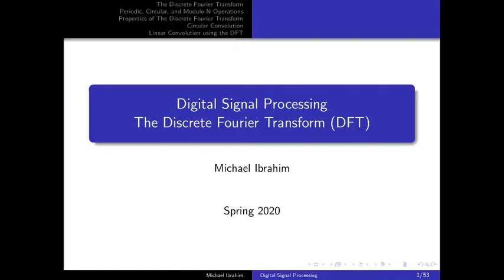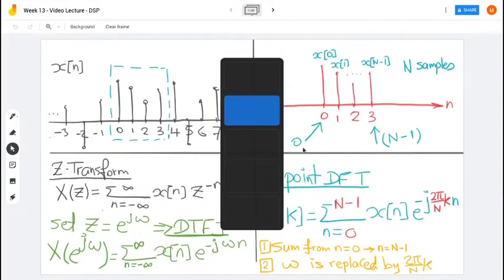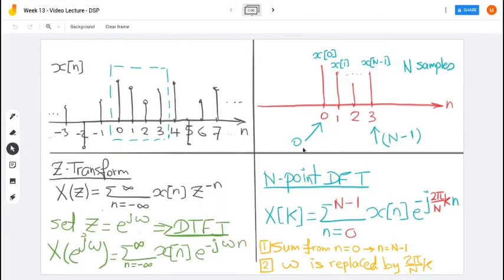Hello everyone. In today's lecture we'll move to a new chapter, which is the discrete Fourier transform, or the DFT. So far in this course we have been dealing with discrete time signals x of n, which are defined for the entire time domain, for n going from minus infinity up to positive infinity.